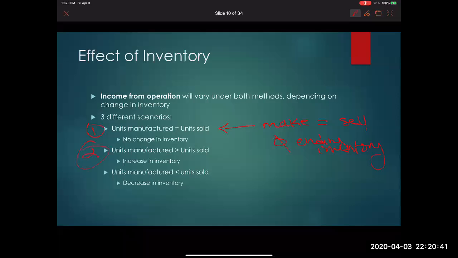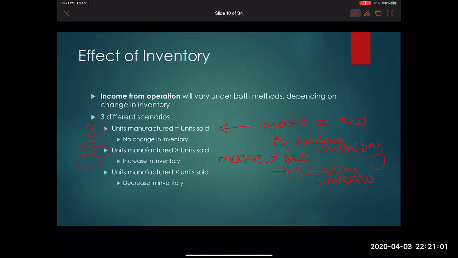Scenario number two looks at there may be an increase in inventory. So what that means is you make more than you sell, right? Which will result in an increase in ending inventory.